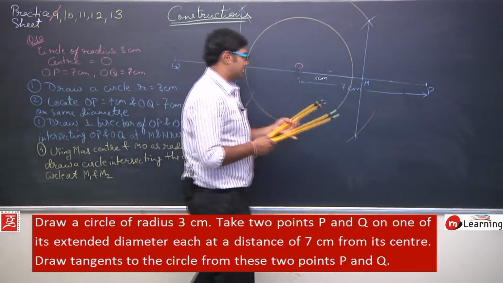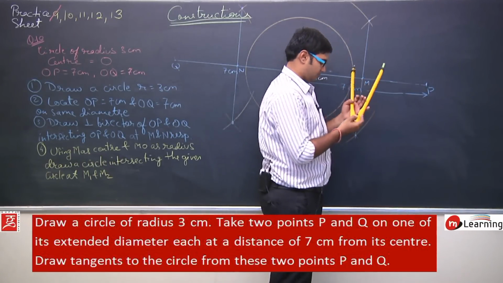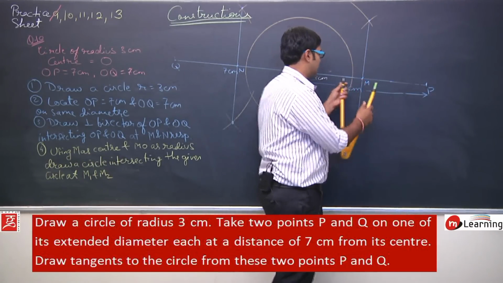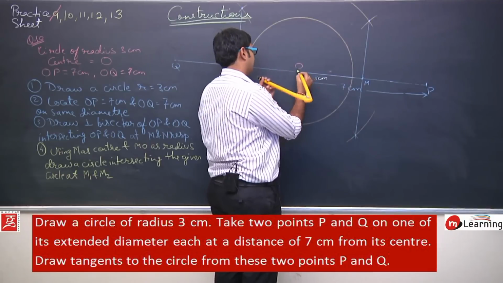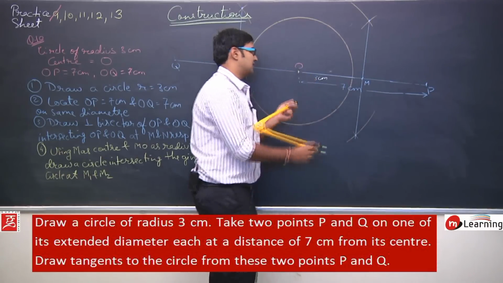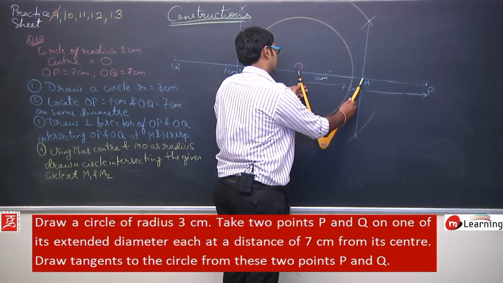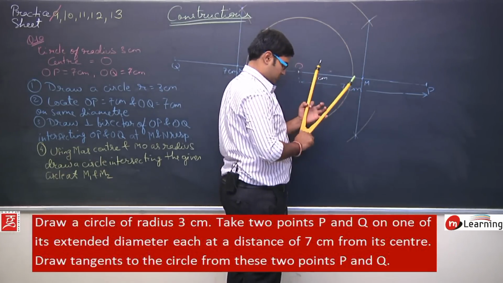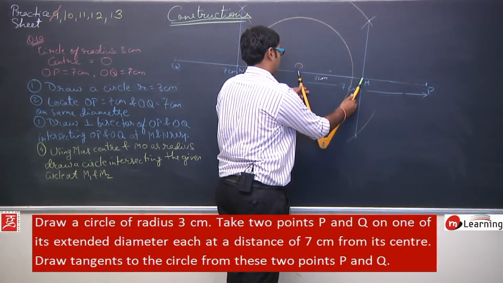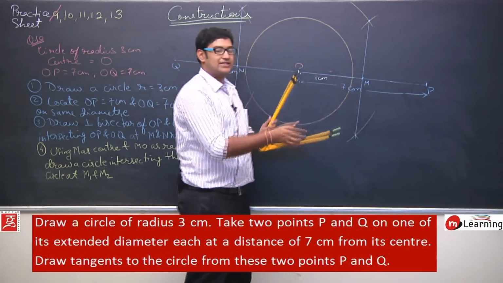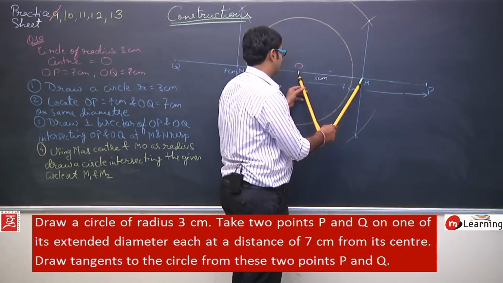So, let us see how to draw the circle. I will measure the length, this length, this is your center, this is point O. So, I will measure this MO like this. You can see this is MO. Now, using this MO, I will draw a circle with M as the center.